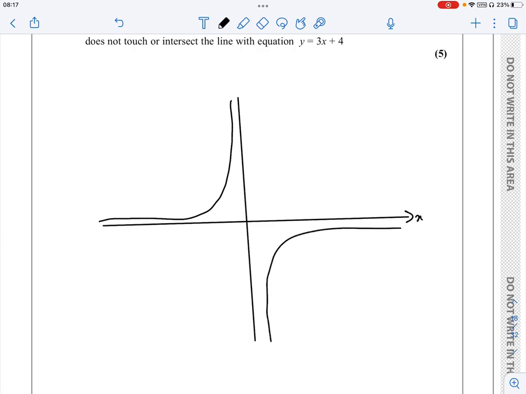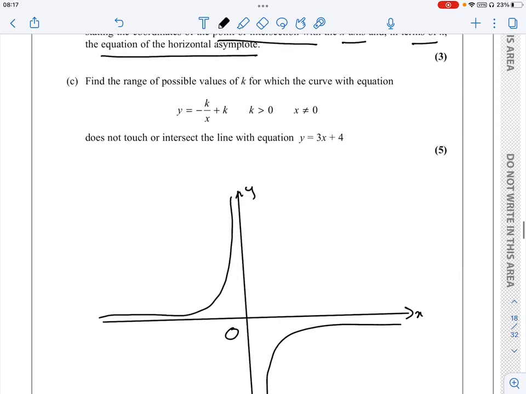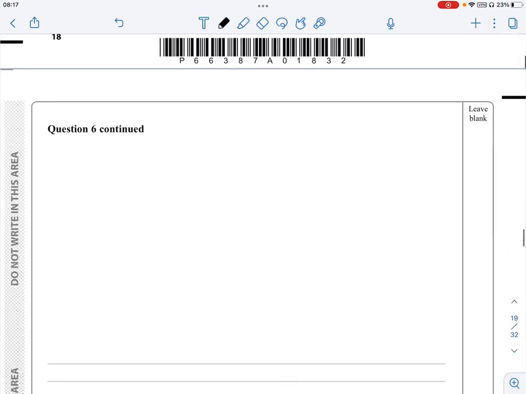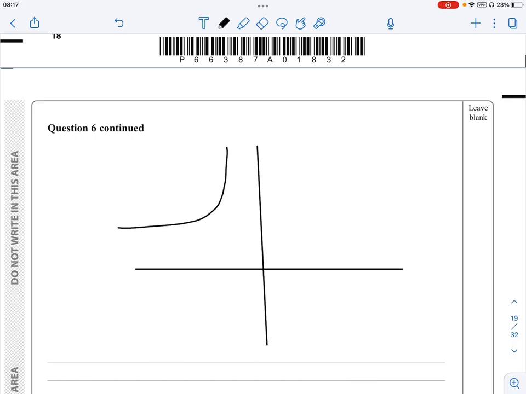This is the x-axis and y-axis and origin. Then on a separate diagram, minus k upon x plus k. So plus k means the entire graph will be moving k units up. So it goes k units up, and this is going to be my asymptote.